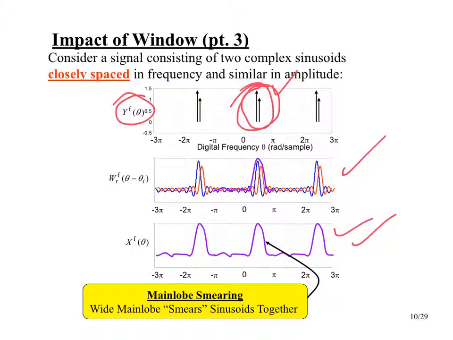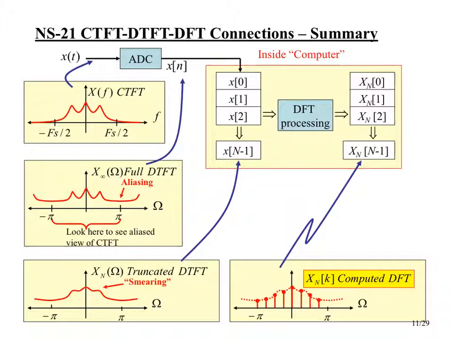So these are the two effects, and if you can visualize how they work, you can wrangle through thinking about a lot of different scenarios other than just complex sinusoids. So armed with that, let's think about what we're doing here.